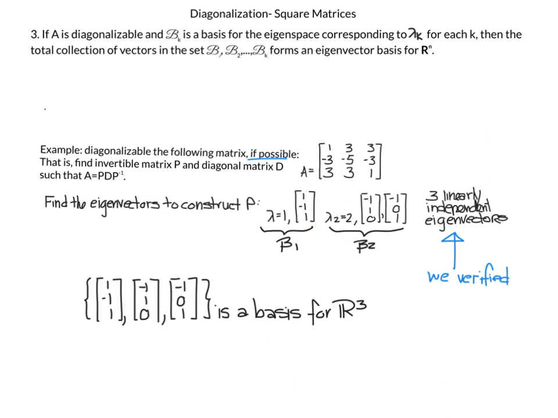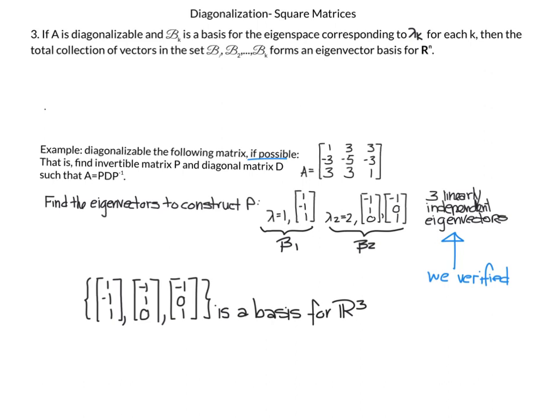And our next eigenvalue was lambda equals negative 2, and the basis for the eigenspace is negative 1, 1, 0 and negative 1, 0, 1. According to this theorem, we have b sub k as a basis for the eigenspace lambda k. So this is lambda 1, so b1 is equal to 1, negative 1, 1. And this is lambda 2, so b2 is equal to negative 1, 1, 0 and negative 1, 0, 1.